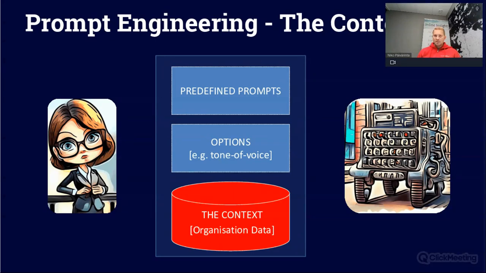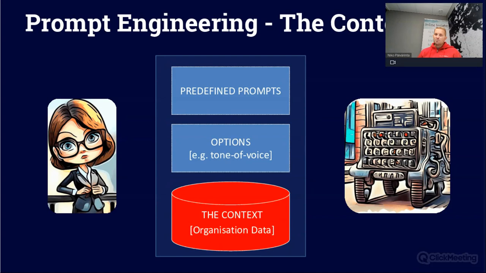Predefined prompts is something you see in many tools like in ours, where you can use the kind of earlier ideas, like I had in the example that, hey, give me a summary of top 10 performing posts in a certain category. That could be a predefined prompt.